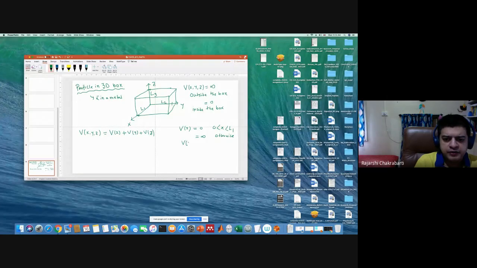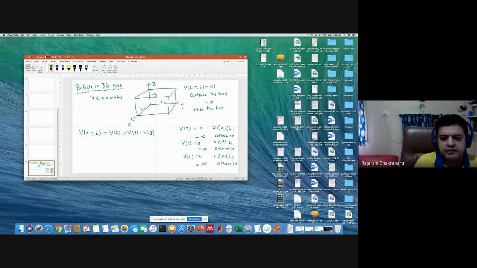Similarly, V of y is 0 when you are within this length, and infinity otherwise, and V of z is 0 or infinity otherwise.